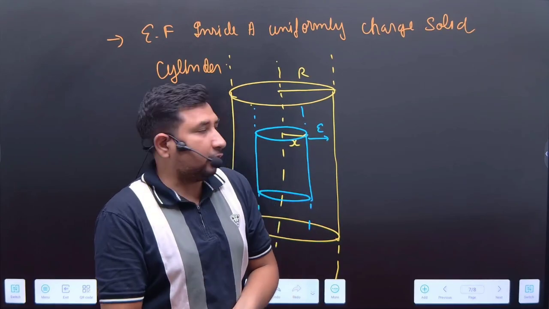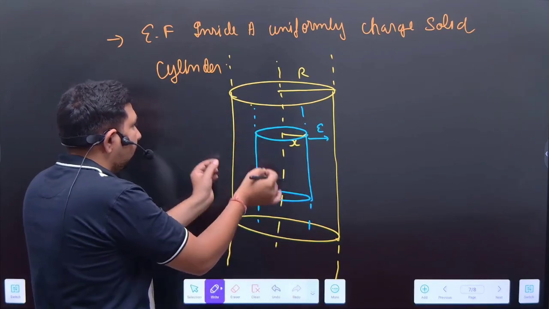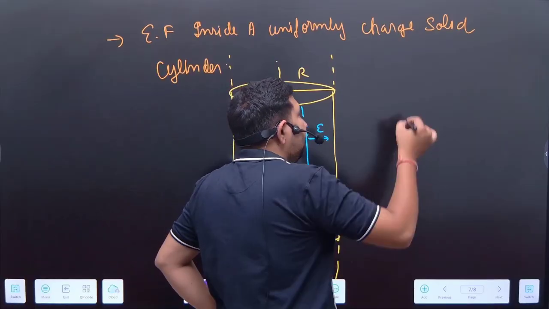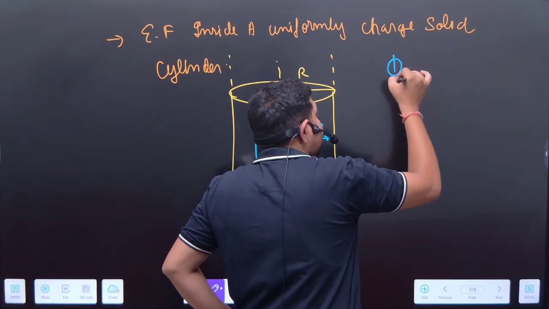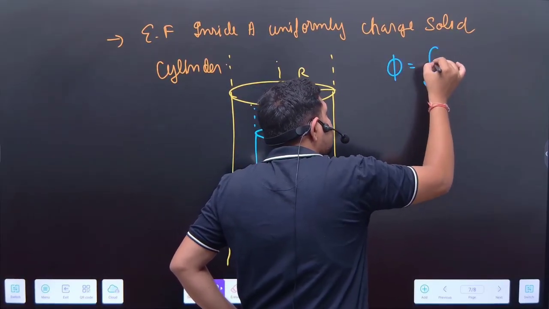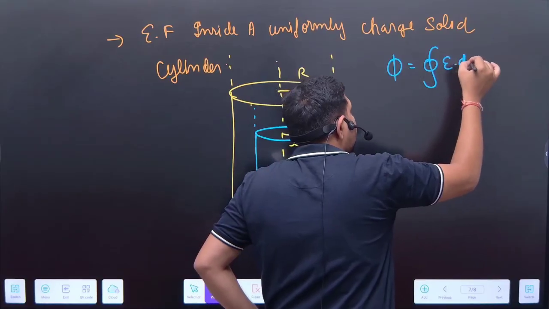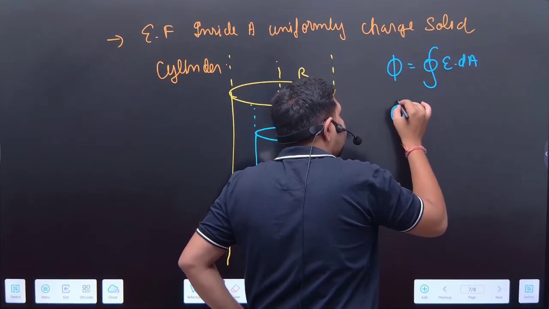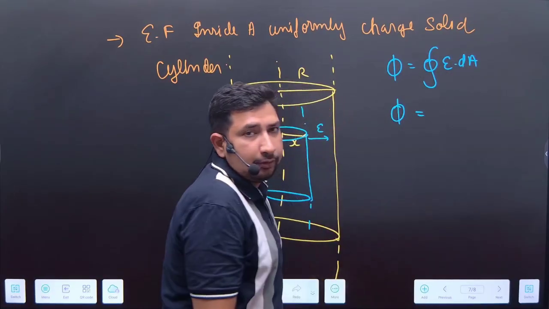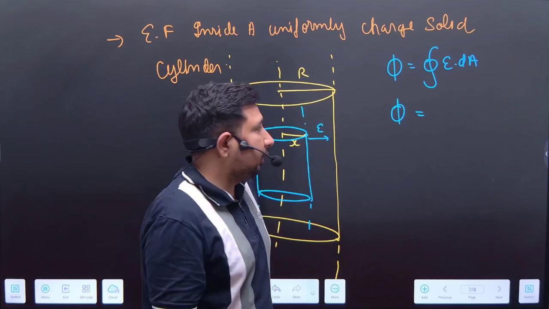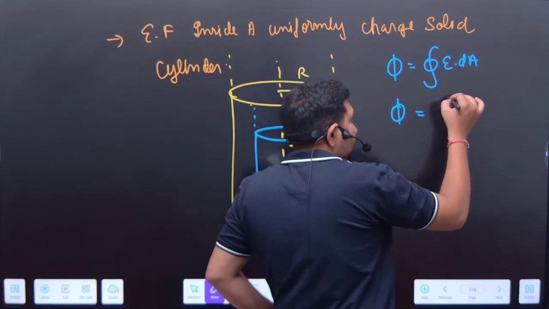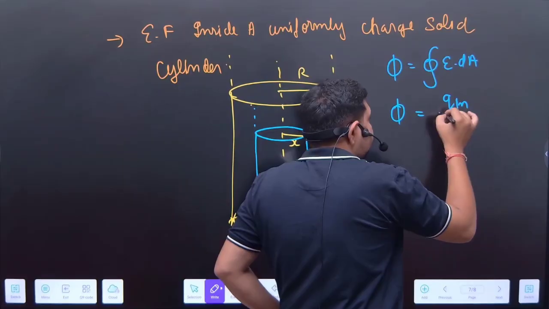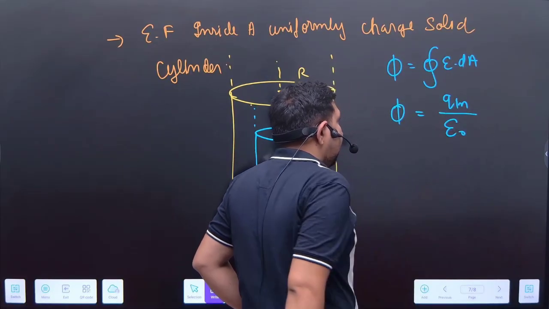That would be beneficial for us. So if you apply the Gauss law over here, we know that flux can be calculated in two ways. One is closed integral of E dot dA, and next is by Gauss law. So by the Gauss law, electrical flux should be charge enclosed inside the Gaussian surface divided by epsilon naught.